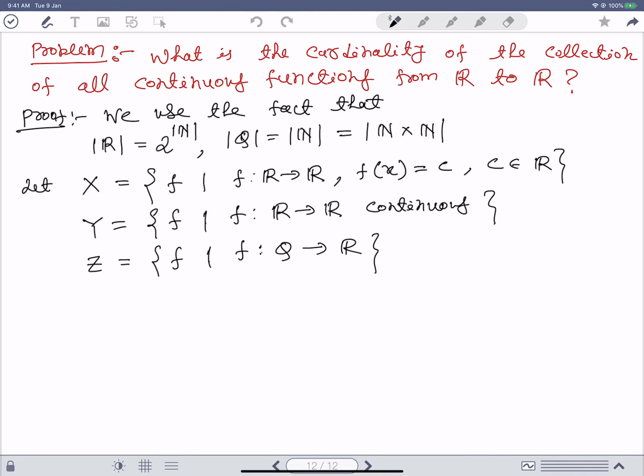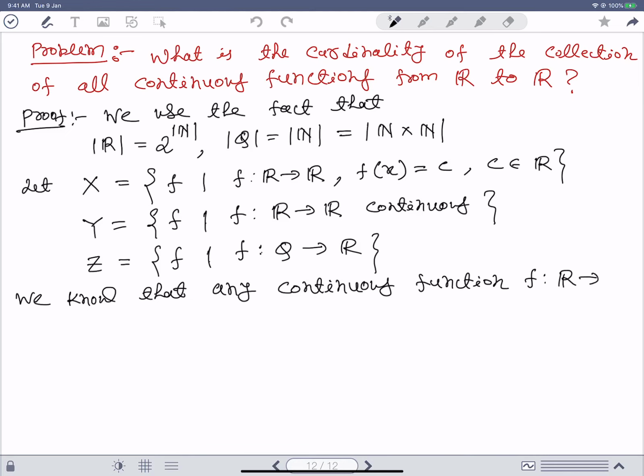And Y is the collection of all the continuous functions from R to R, and Z is the collection of only functions, we are not taking the continuity, so Z is the collection of only functions from Q to R. Okay, now we know that any continuous function f from R to R is uniquely determined by its values in Q.